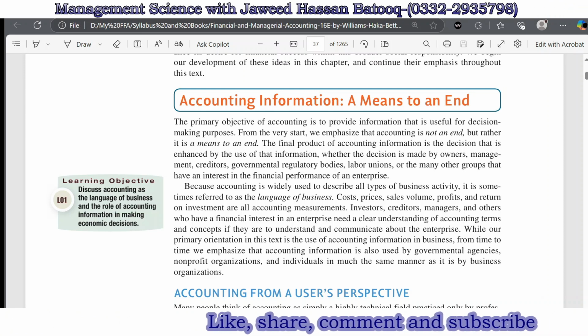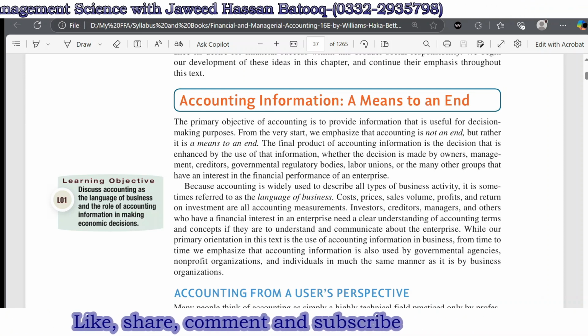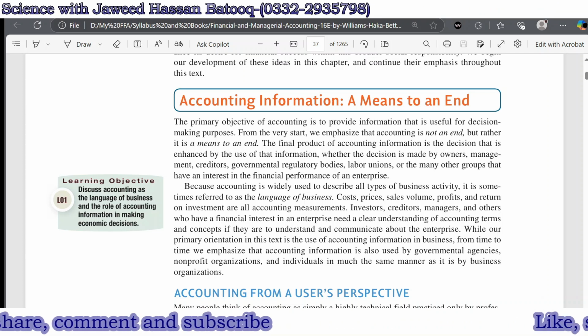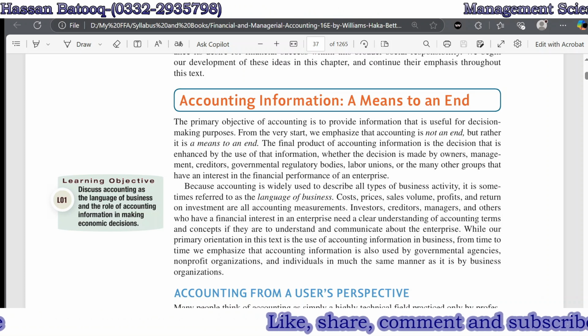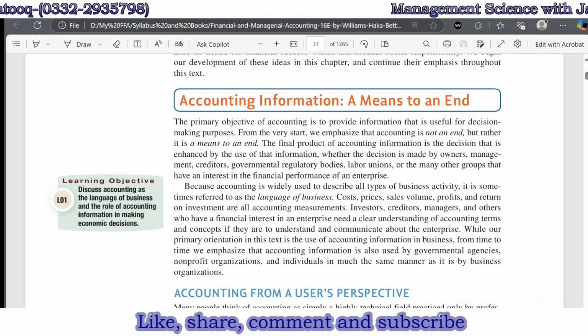If you are an accountant, you will maintain the information about a business or non-business organization whatsoever, and will provide that information to the people.